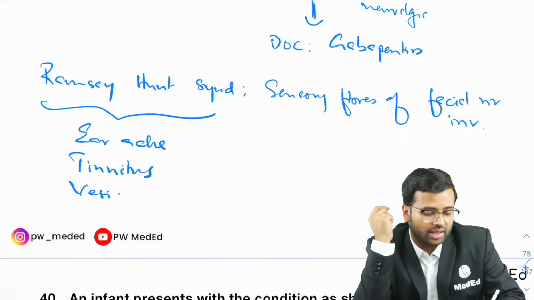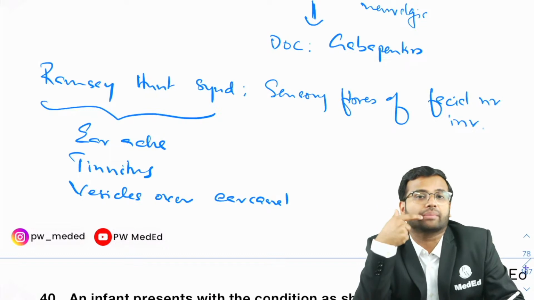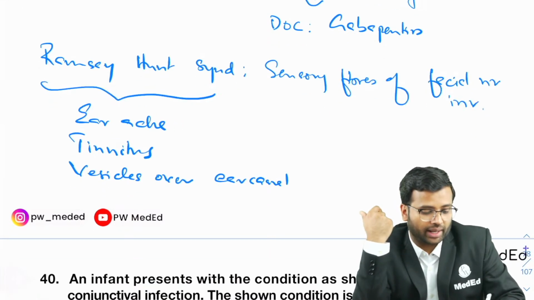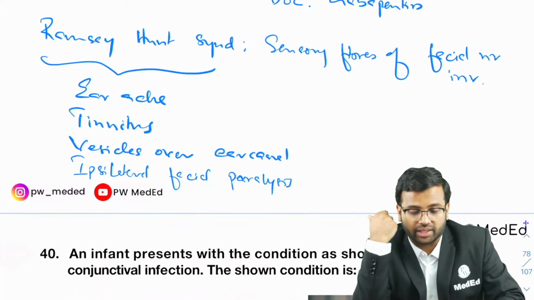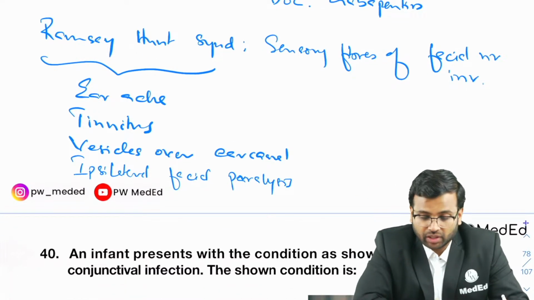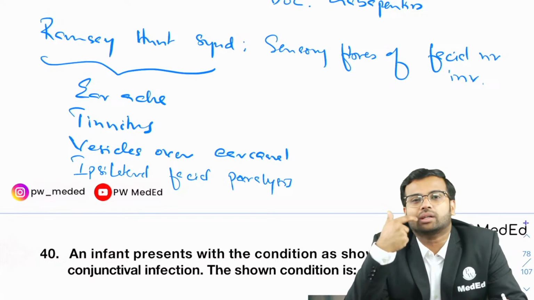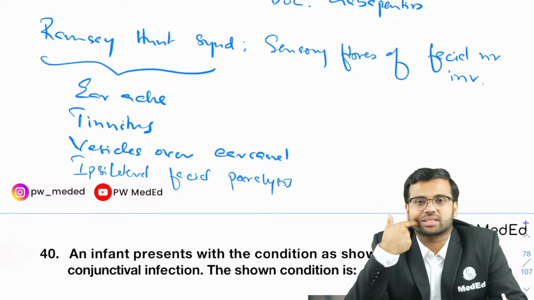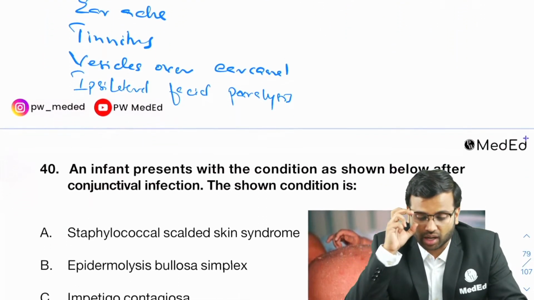You can see vesicles over the ear canal, and then there may be an ipsilateral facial paralysis. So all this can be seen in Ramsay-Hunt syndrome. A patient with severe earache, an ipsilateral facial paralysis, and multiple vesicles within the ear canal. So this is called Ramsay-Hunt syndrome.